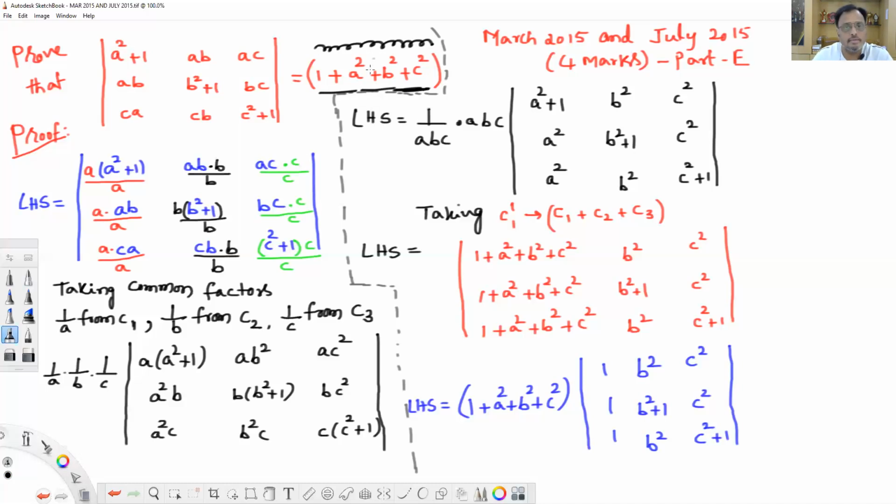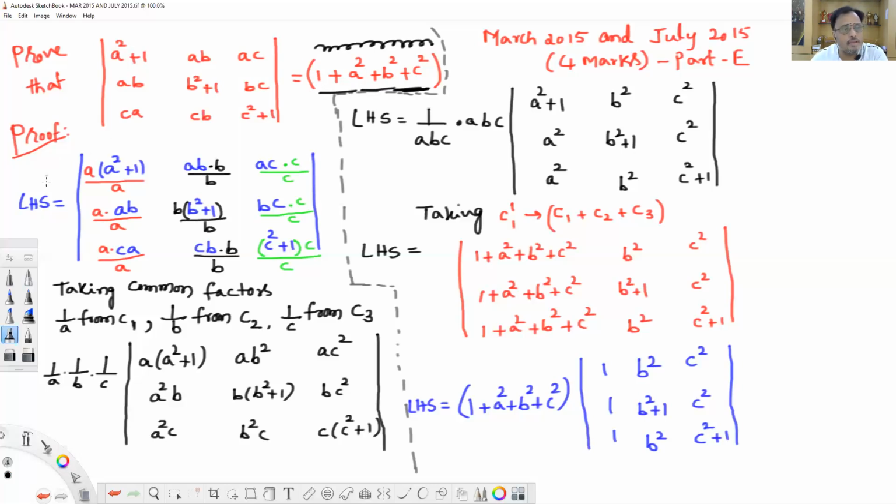Usually the first guessing work is, it is your duty to see whether 1 plus A square plus B square plus C square is possible as a common factor. You make such operations and see whether it will come as a common factor or not. Suppose it is not coming as a common factor, then definitely we'll have to think of other operations.